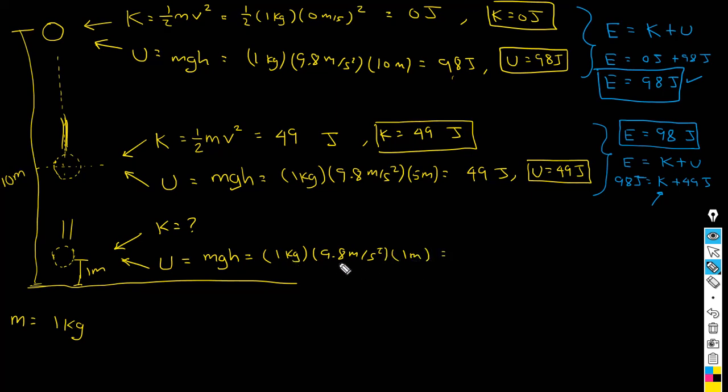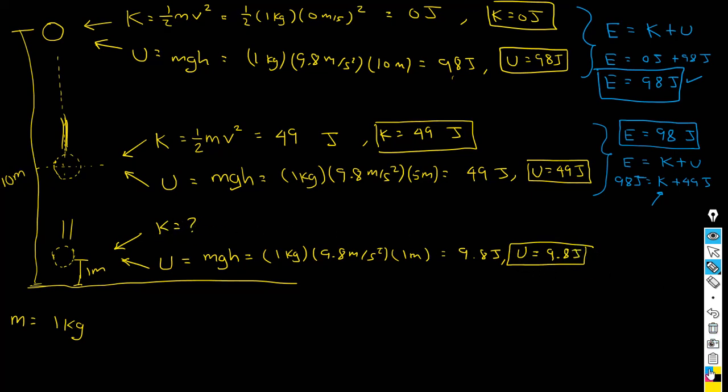Calculate all of this on your own, please, and you will find 9.8 joules, right? So the potential energy at this precise location will be 9.8 joules. Perfect. So how can that help me get this value?